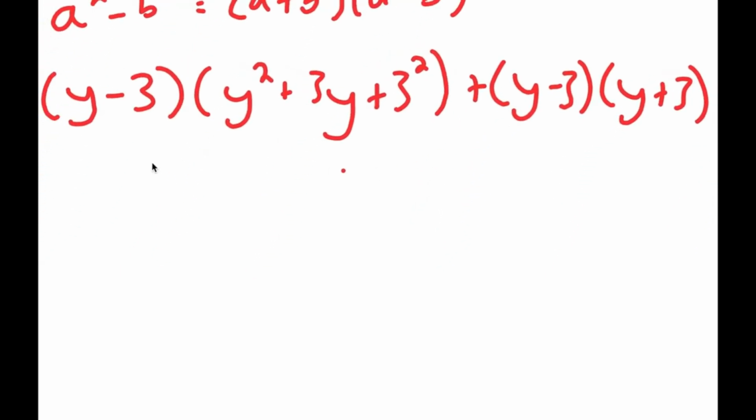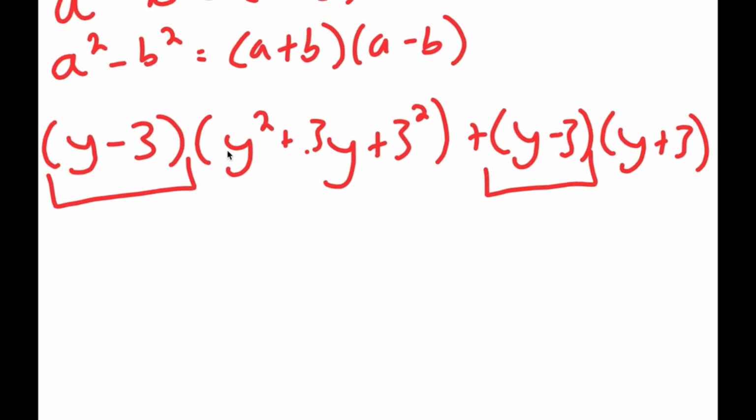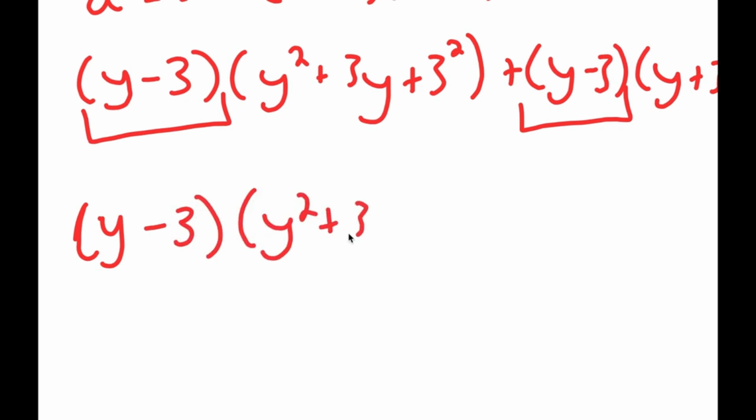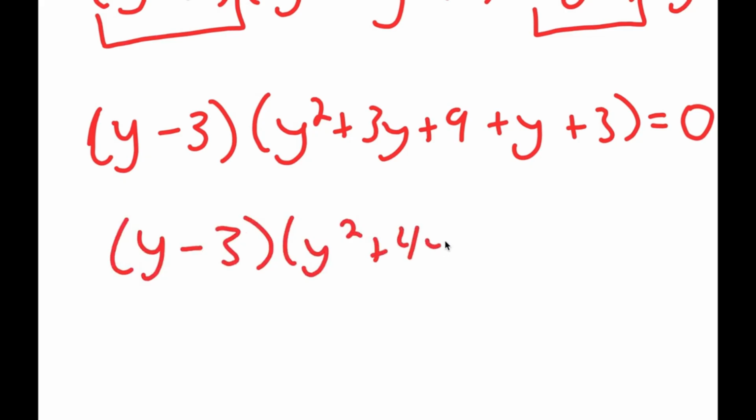Now from here, I have a common factor of y minus 3 on both terms. So if I factor out y minus 3, I get y minus 3 times y squared plus 3y plus 9 plus y plus 3. And this is equal to 0. And this turns into y minus 3 times y squared plus 4y plus 12 is equal to 0.